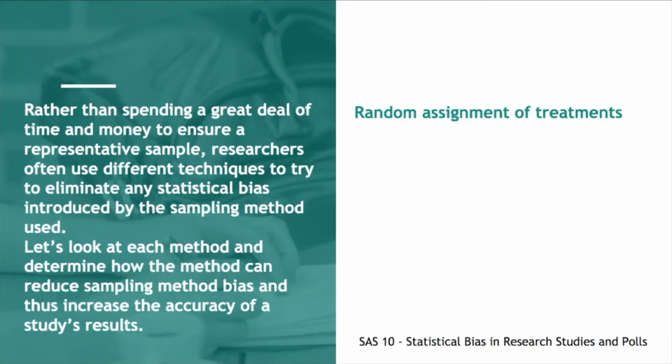Now, rather than spending a great deal of time and money to ensure a representative sample, researchers often use different techniques to try to eliminate any statistical bias introduced by the sampling method used. Let's look at each method and determine how the method can reduce sampling method bias and increase the accuracy of a study's results. Random assignment of treatments. How can that reduce sampling method bias and increase the accuracy of the results?